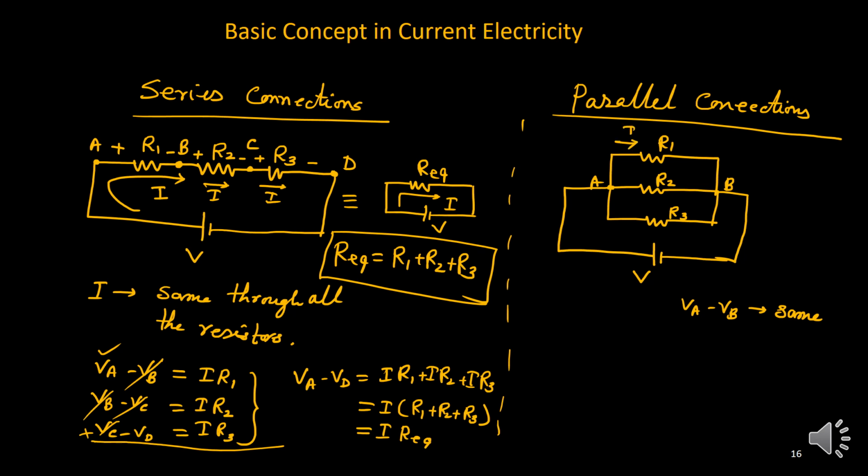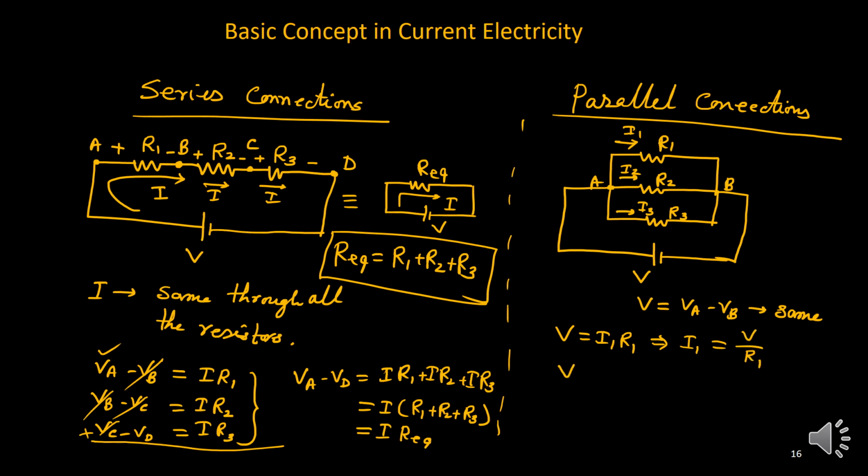Suppose this current is I1, this current is I2, and this current is I3. So what is I1? Now I can use Ohm's law, because the potential across R1 is VA minus VB, which equals V that I have considered. So V equals I1 times R1, and from here I1 equals V upon R1.